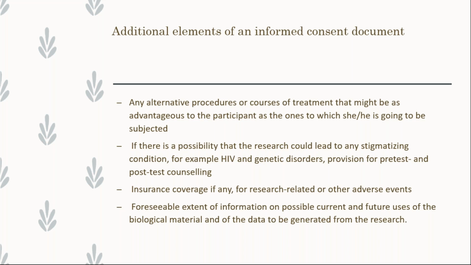So according to the nature of the study, certain additional elements are also there. As you can see here, if the participants are HIV patients, then there is a chance of socially stigmatizing conditions. That also has to be explained, and we need to give them counseling, etc.